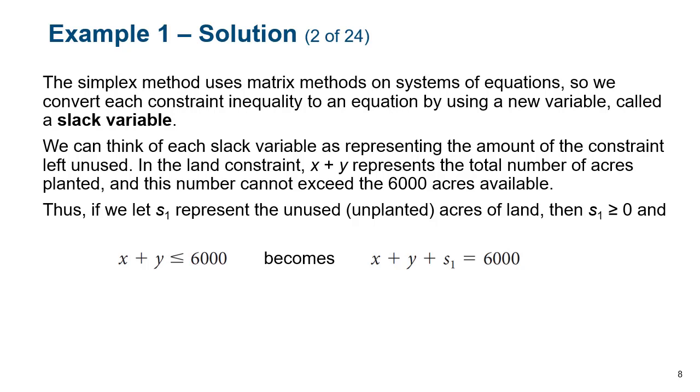Now the Simplex Method just uses simple matrix operations on these systems of equations. We convert each constraint inequality to an equation by using a new variable called a slack variable. You can think of each slack variable as representing the amount of that constraint that we didn't use, because we're not necessarily going to plant on all 6,000 acres.